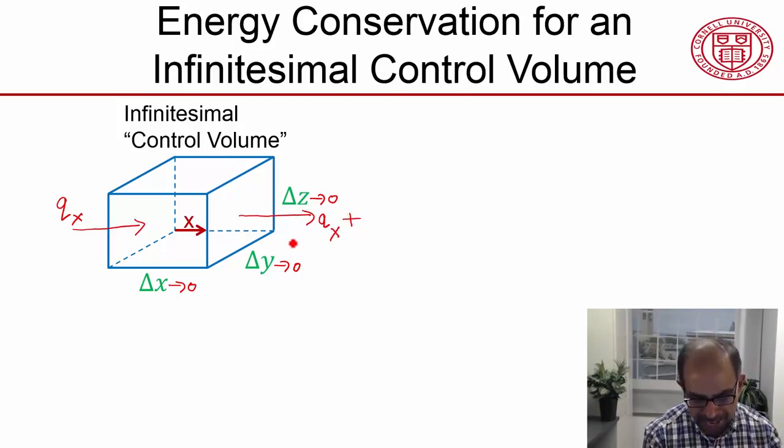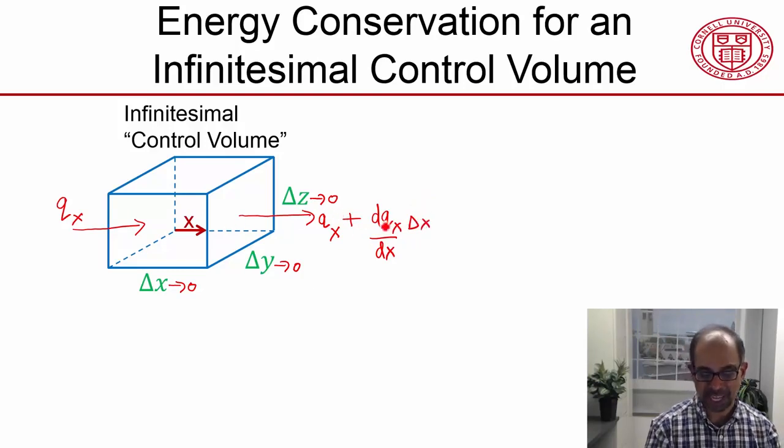It's going to be slightly different from Q sub x because that distance is vanishingly small. And that change I can find from the gradient. If I multiply the rate of change of Q sub x by the distance, I'll get how much it's changed. So that's a small difference.